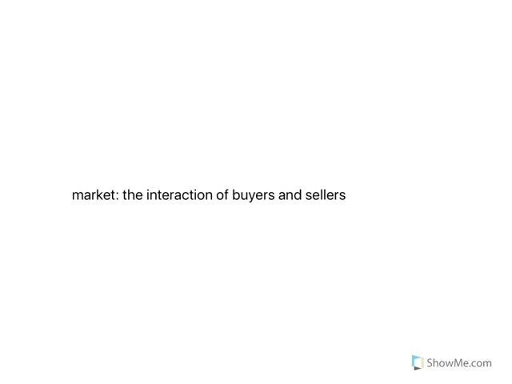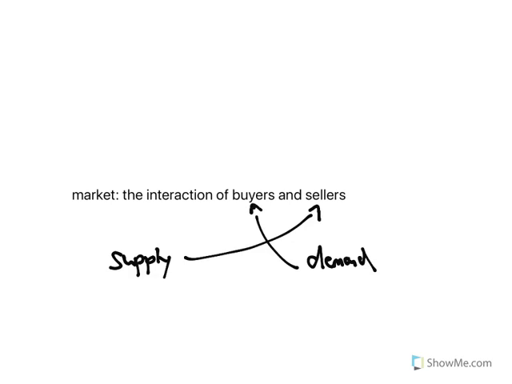The interaction of these buyers and sellers, we can model using the concepts of supply, which represents sellers, and demand, which represents buyers. We can use a graph of supply and demand to show how these interactions take place and how changes in markets can impact buyers and sellers.